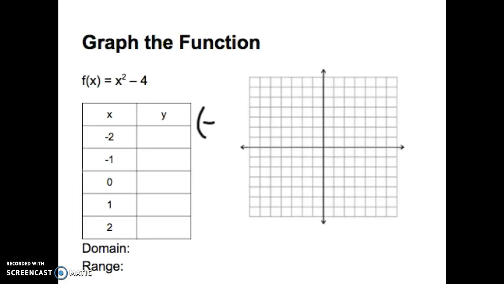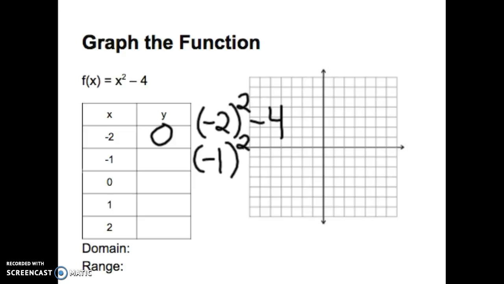So we take and plug in -2 into x, like so. If we compute this, we end up getting 0. Again, we take and plug in -1, subtract 4, and we end up getting -3.